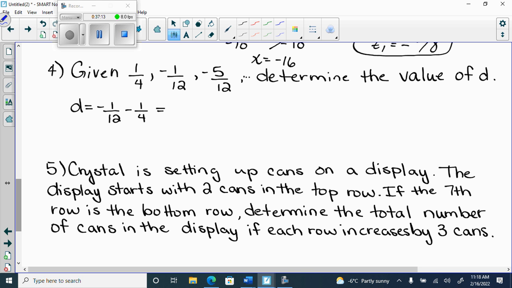Your calculator needs to know it's a fraction. So I put in brackets, you use the fraction button, right? So you go bracket -1 divided by 2 minus 1/4. So this. What do you get?